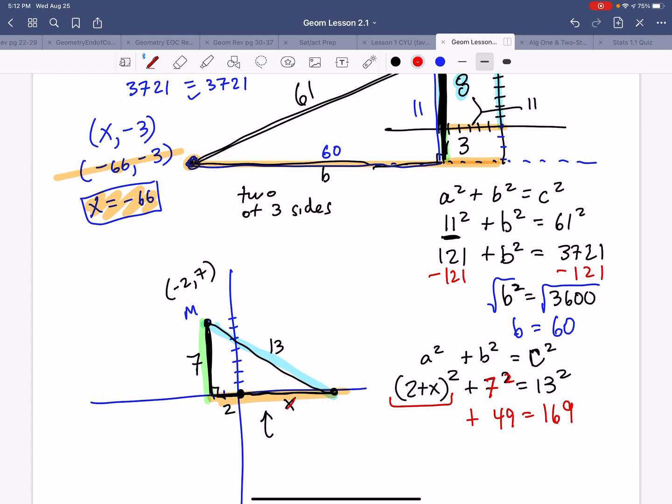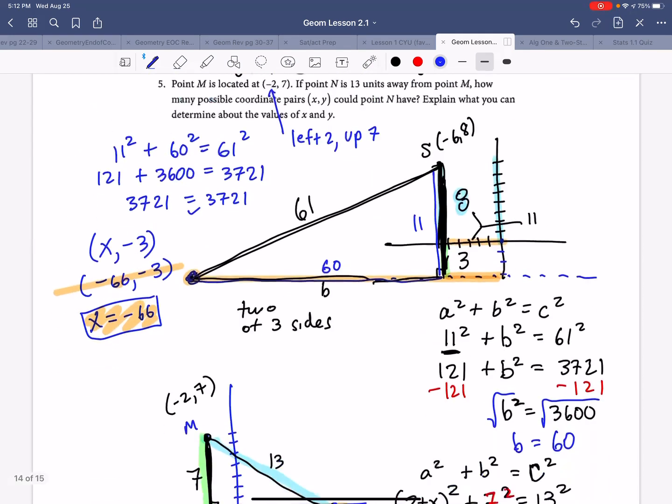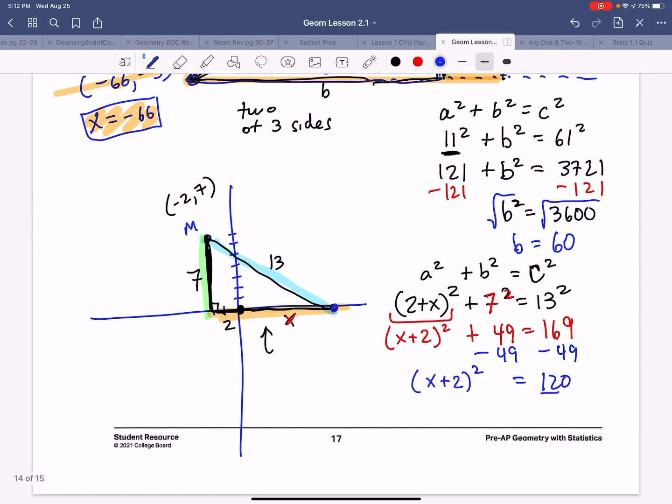Now, I could have added x plus 2 as well, so I'm going to rewrite this so it looks a little bit more familiar, okay? So now, well, algebra is going to get a little tricky here, isn't it? But if I subtract this, I get 120. So when is this value going to equal 120? This will give me one possible answer, and there's many possible answers. So this is not just one answer, okay?